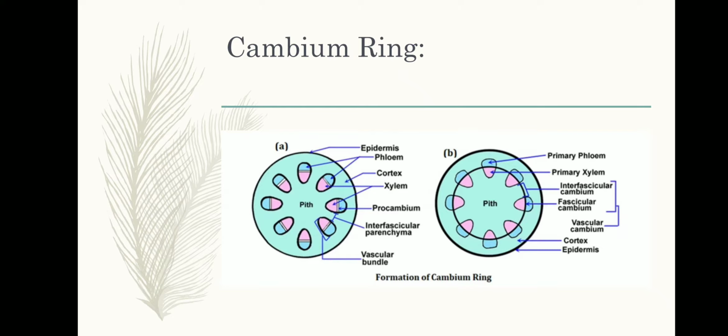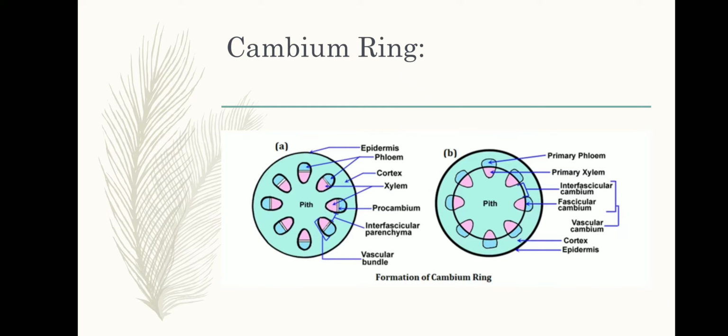So if we will talk about the unlimited growth, root and shoot are continuously growing from the germination stage to the death, throughout the lifespan of the plants. This is also called indeterminate type of growth.